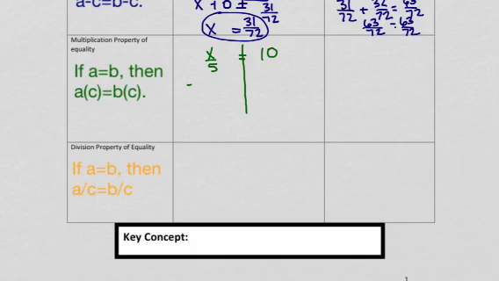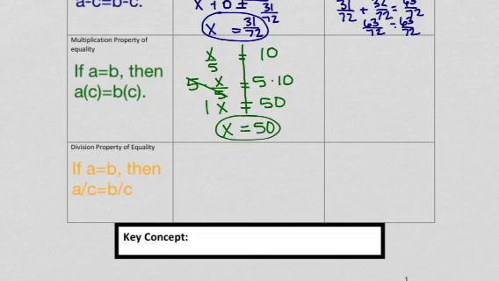So both sides are going to be multiplied by 5. Whatever I do to one side, I do to the other. That's what the multiplication property of equality says. 5 over 5 will simplify to 1. So I get 1x on the left, and I get 50 on the right. Well, 1x is the same as x, so x equals 50 is my answer.